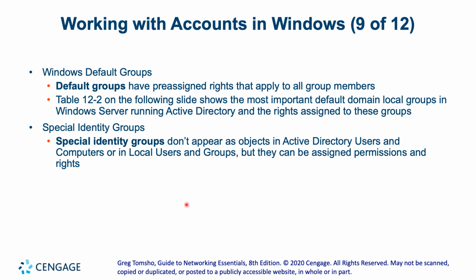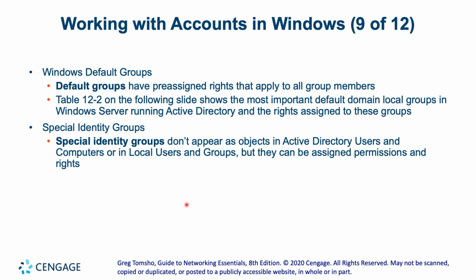Default groups are built by the system, and it makes your job easier because you have groups that have the correct permissions. An example would be remote desktop users. So if you wanted users to be able to connect to their computer from home or over the internet, you can use the remote desktop users group. That's an example of a default group.